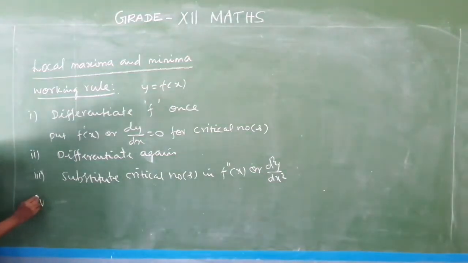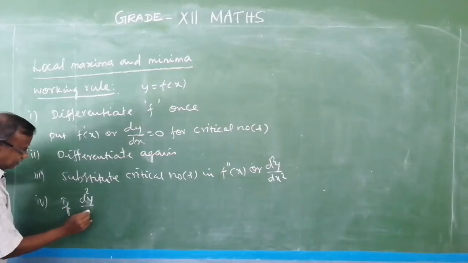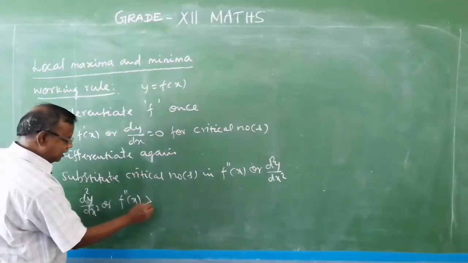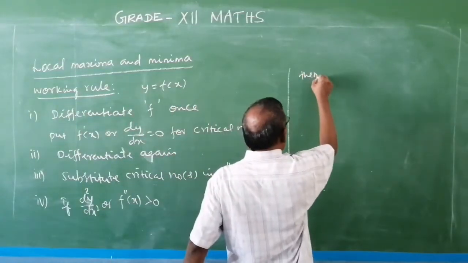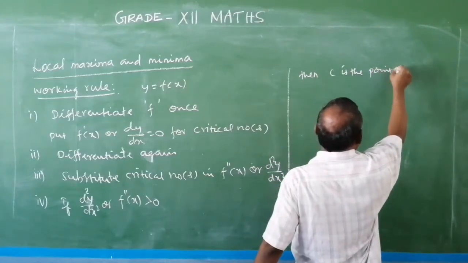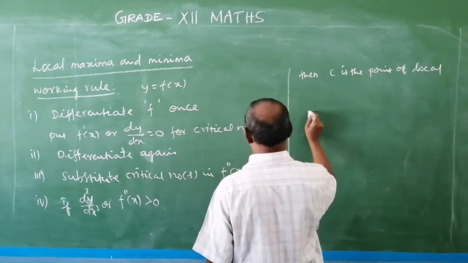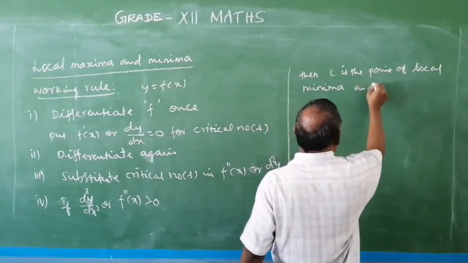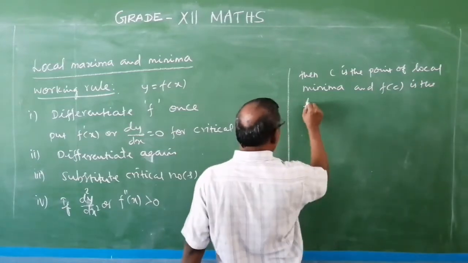Now, the conditions start. If d square y by dx square or f double dash of x is greater than 0, then C is the point of local minima, and f of C is the local minimum value.